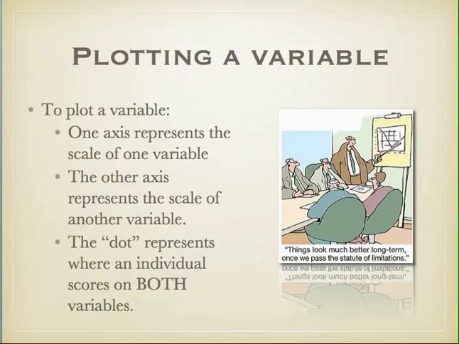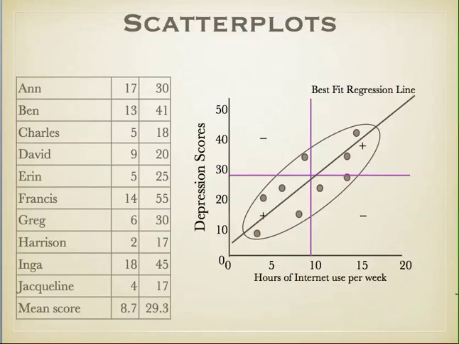So the way to understand correlations is to think about plotting pairs of numbers or sets of numbers on an x-y axis. For example, say we're trying to see if two variables relate to each other. In this case, the variables would be the amount of time that somebody spends on the internet per week and how depressed they may be.